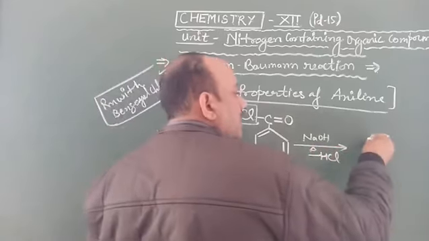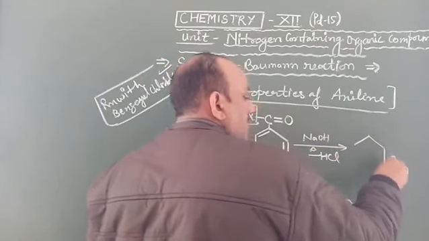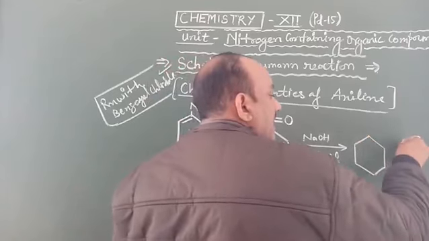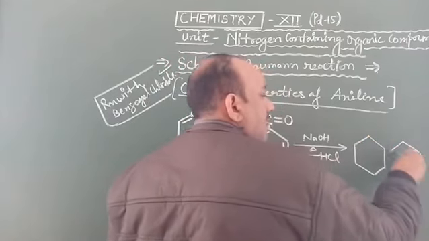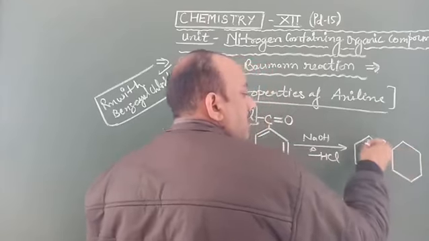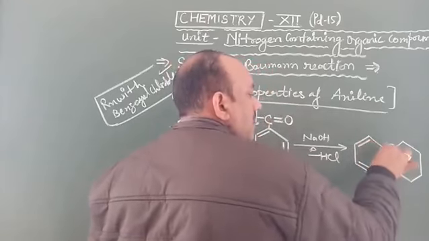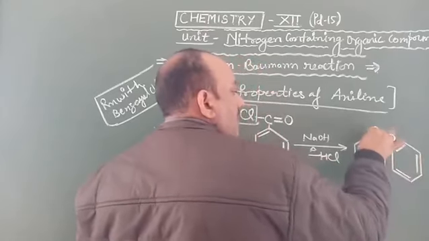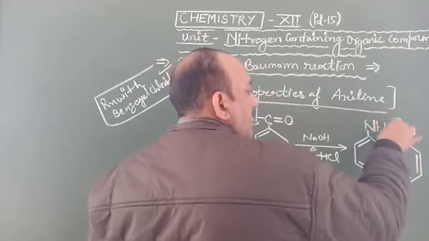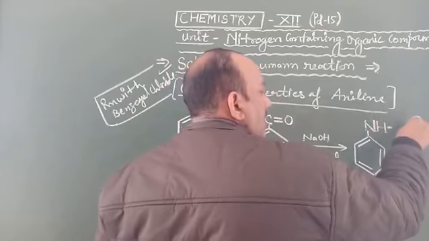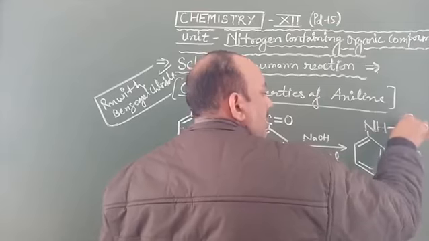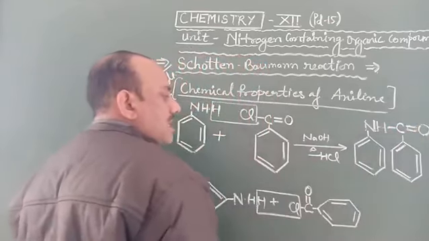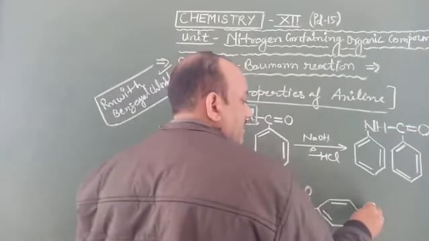To form benzanilide. The structural formula of benzanilide is given: NH, single bond C and double bond O. This is the structure of benzanilide.